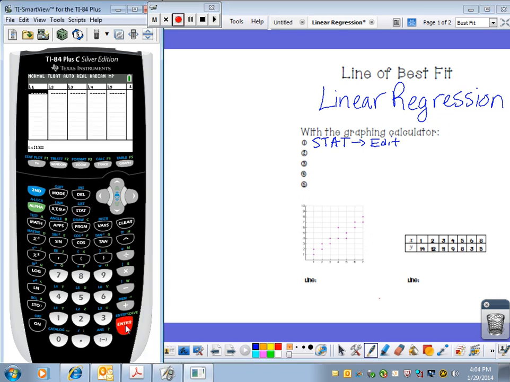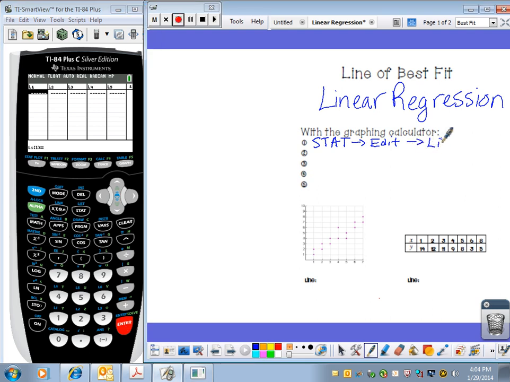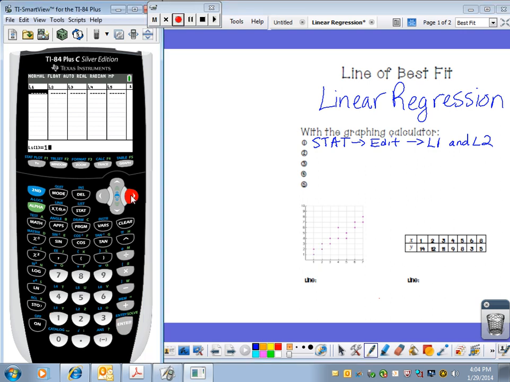Then I want to enter my data in L1 and L2. Maybe I'll just do all my X values first.